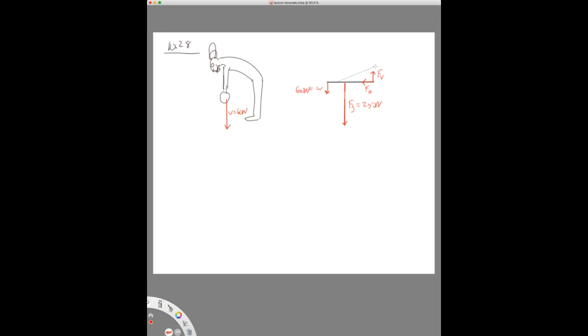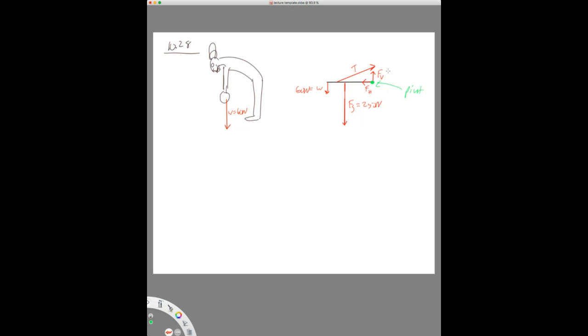So they're giving us essentially a tension in the back muscle. So we want to find the strain on the hips and on the back muscle. So we're going to pick a pivot point, and I would recommend this joint as our pivot because not only can we eliminate two forces, we don't know what those forces are.